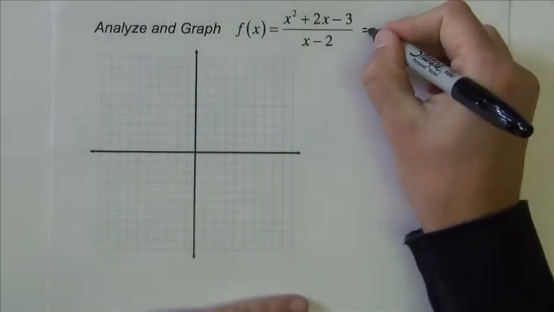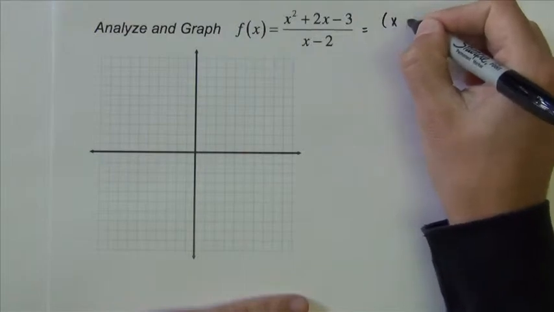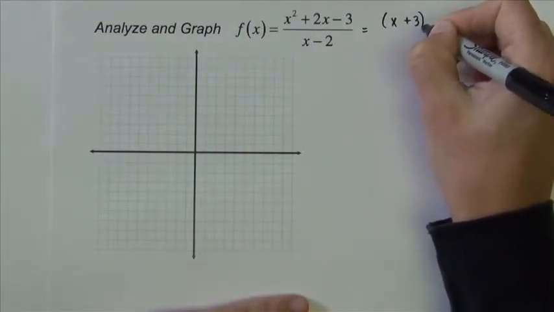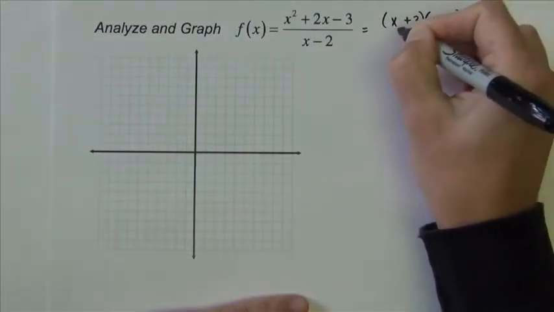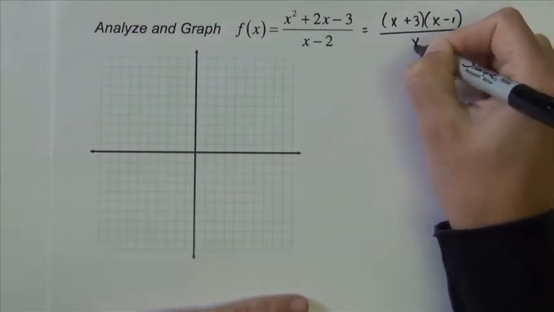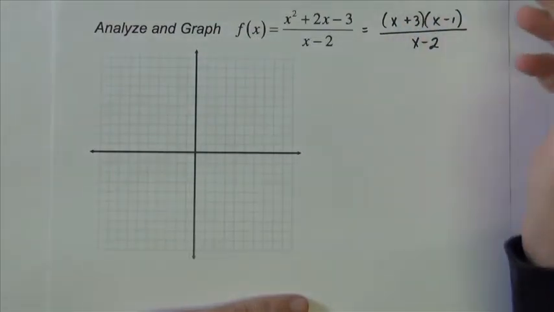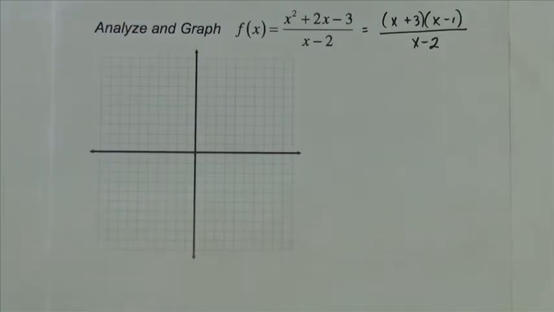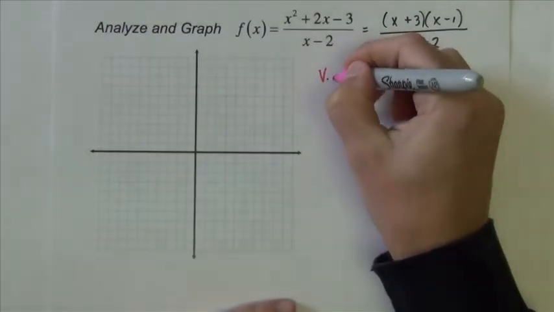I'm going to begin by factoring where I see the opportunity to factor. That would be x plus 3, x minus 1 over x minus 2. Nothing canceled, so it didn't really get me anywhere there. But again, I did it because I wanted to check for a vertical asymptote.